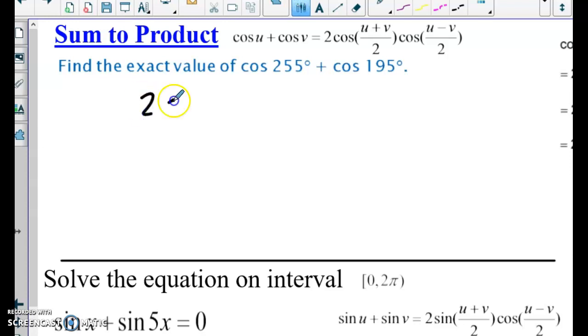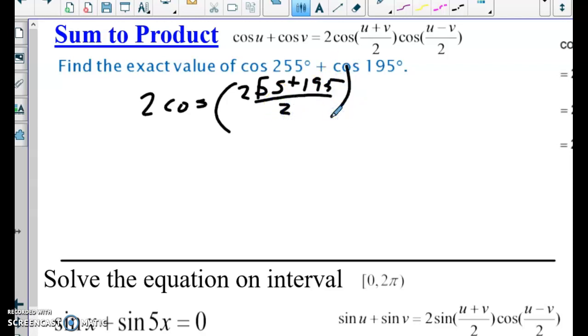It says 2 cosine of (u plus v) divided by 2 times the cosine of (u minus v) divided by 2.